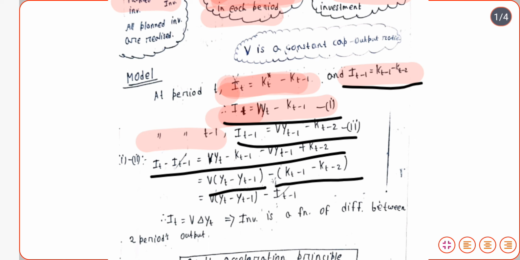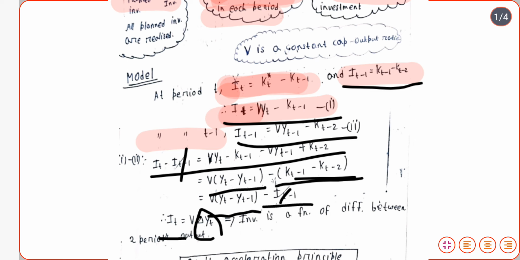That means the investment of the t minus 1 period is the difference between the capital of the previous period and the capital a year back. So we write it minus 1 in place of this, and this it minus 1 and that it minus 1 cancel out, and we get it is equal to v into yt minus yt minus 1. We write this as del yt, denoting the change in yt.